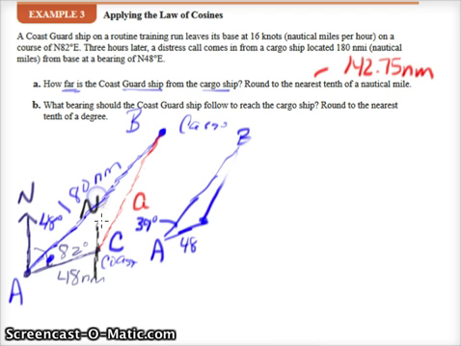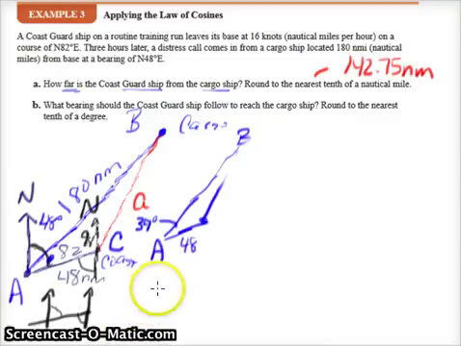So this is north, and I happen to know from geometry, if these are parallel, these two inside angles add up to 180, or these angles right here, alternate interior, are equal. So if this big angle right here is 82, this angle here is 82, which makes this angle right here 98.